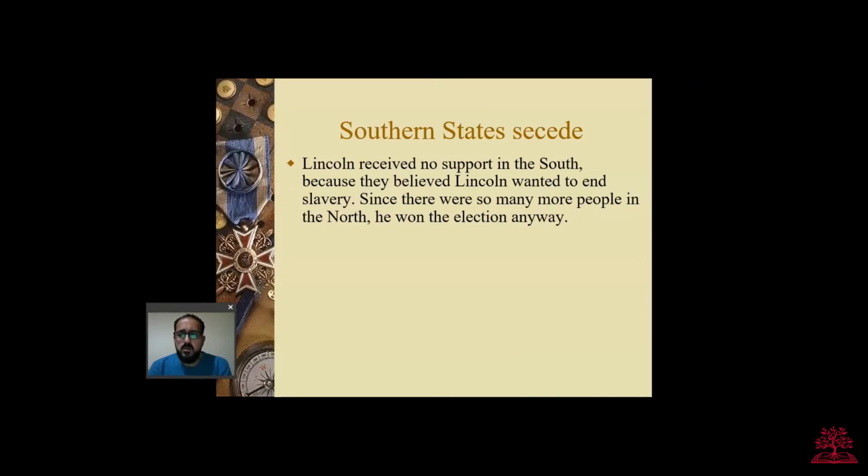Since there were so many more people in the North, he won the election anyway. So the only reason that he won the election is that there were more people in the North. It's about the number of people, not the number of states. People in the North were more, so this is the only reason he won.